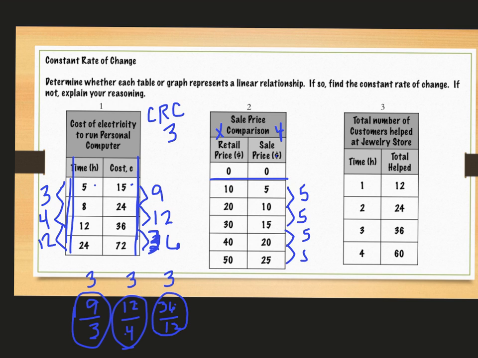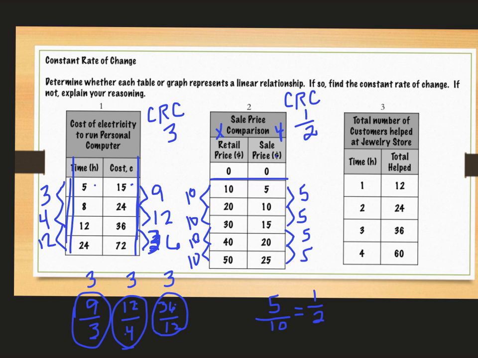And so does this. 10 to 20, that's 10, 10, 10, and 10. I don't have to write all these down because I know they're all the same. I just need to write down 1, the change in y is 5, and the change of x is 10. So that reduces down to 1/2. So the constant rate of change is 1/2.